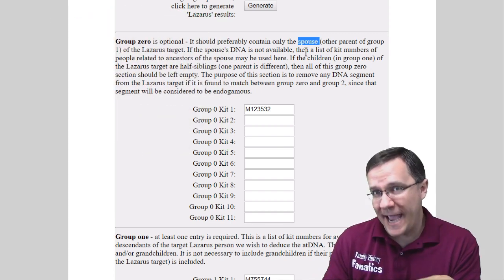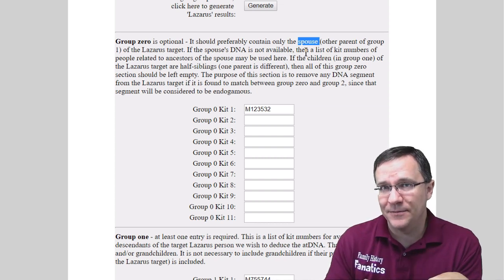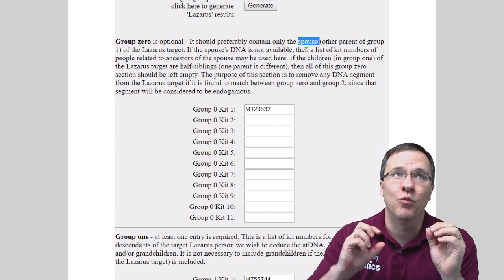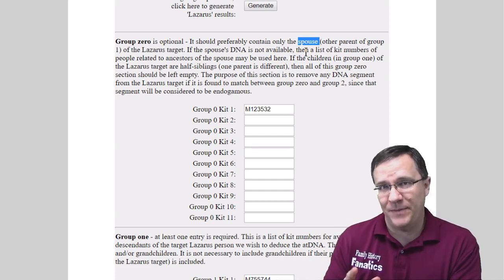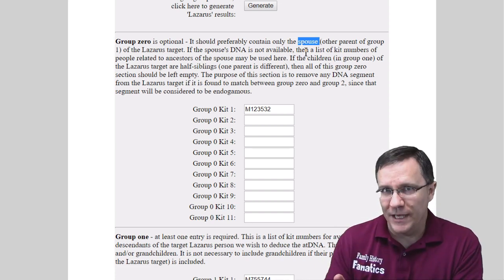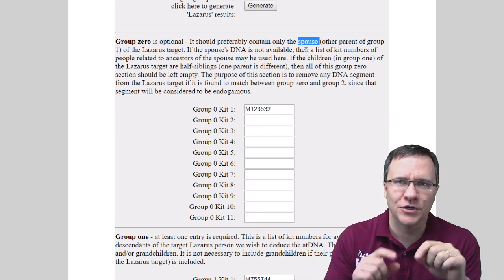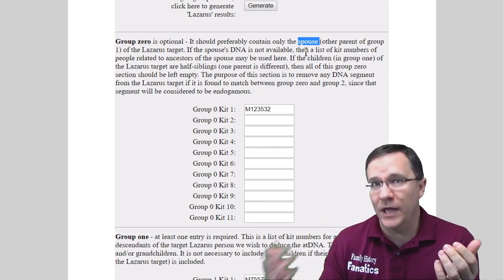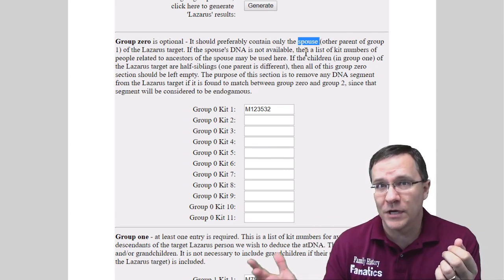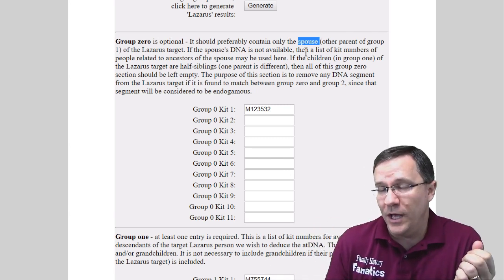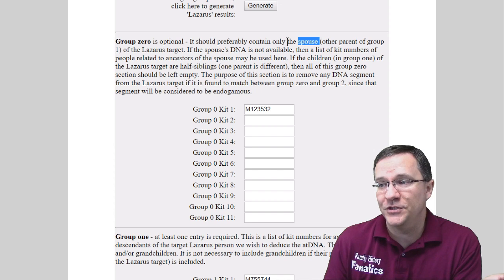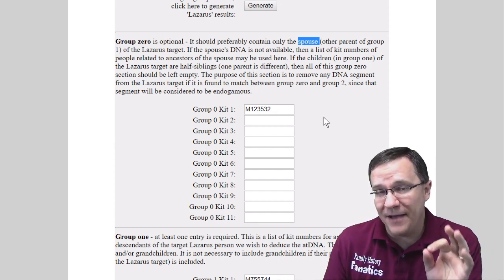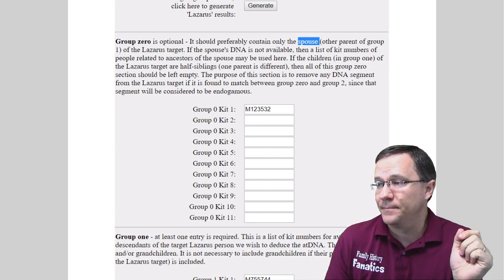Now, if you don't have that spouse's kit, what you want to do is put in kit numbers of relatives of that spouse that are not related to the person you're targeting. So for instance, I would put in, let's say, my maternal aunt, or if I have some maternal cousins, I could put them in there as well. But since I have my mother's DNA, I'm just going to put that one in. And if you have that, that's all you need to put in.